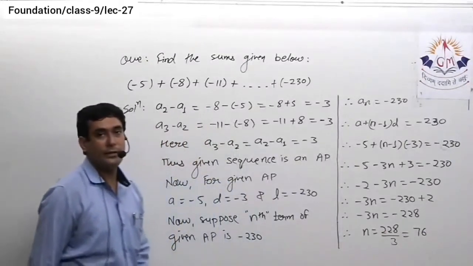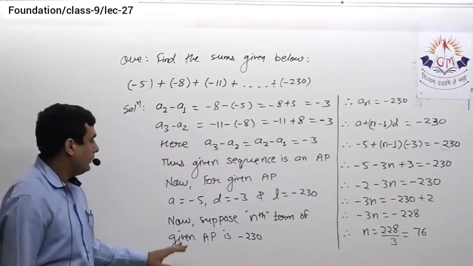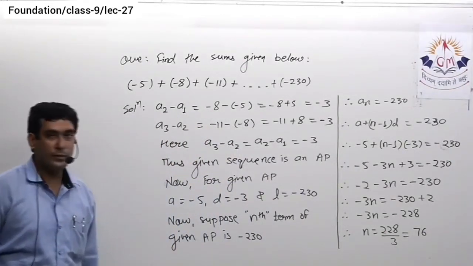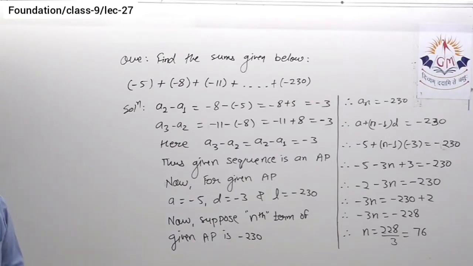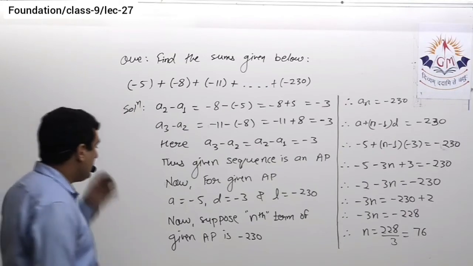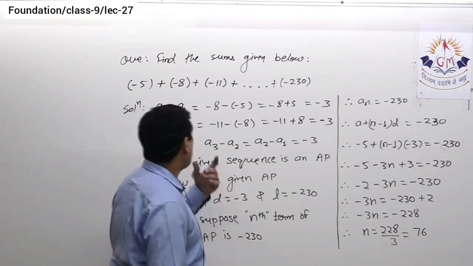Now we will find the sum of the terms. So note it down, then we will see how to find the sum. We can say this is almost the previous sum.